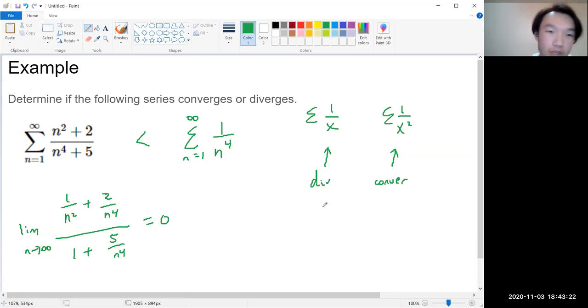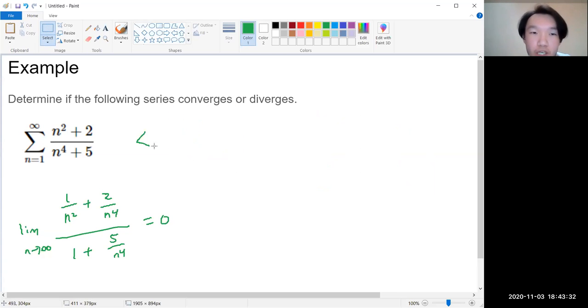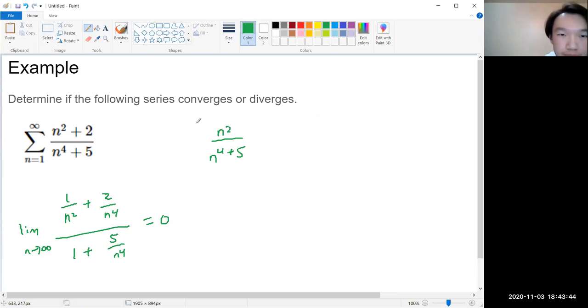Well, you stripped out a lot of terms with this 1 over n to the 4th. So maybe we can just go one term at a time. Instead of doing 1 over n to the 4th, let's do n squared over n to the 4th plus 5. All I did was strip out the 2. If we have this, what's your inequality?